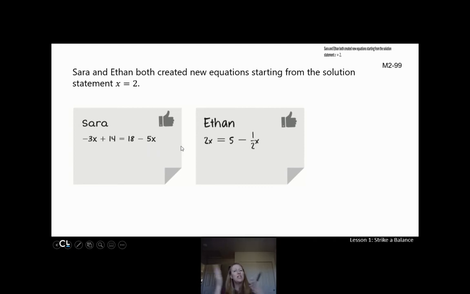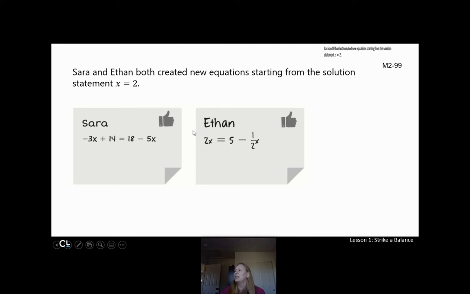And Ethan, when he followed the steps, got a very different looking equation that looks like 2x equals 5 minus 1/2 x. So they both followed the steps that we followed, but this is what their equations look like. Looks very different than the equation that I came up with, and it probably looks really different than the equation you came up with as well, because there were just infinite possibilities, right?